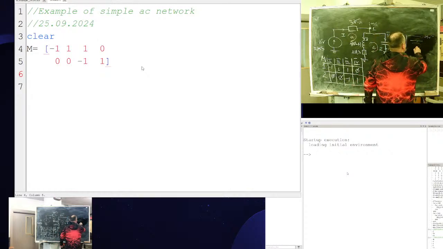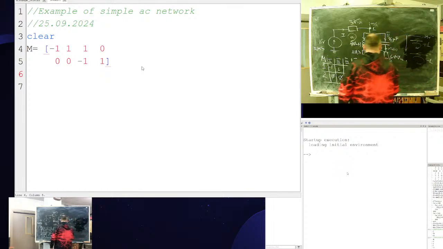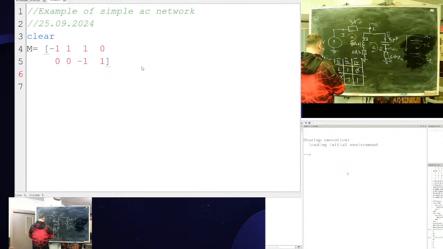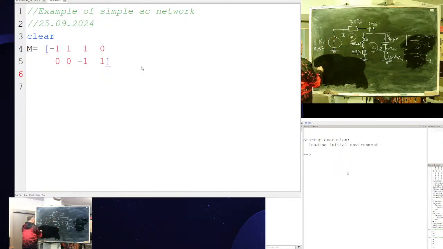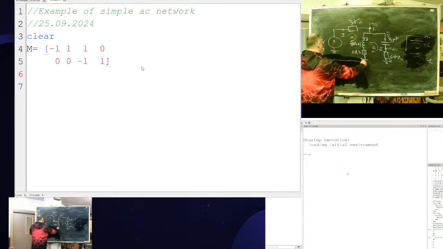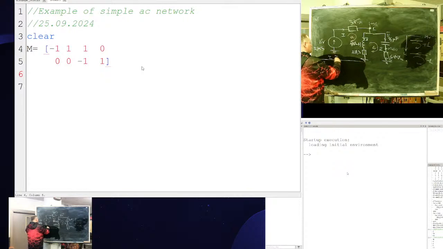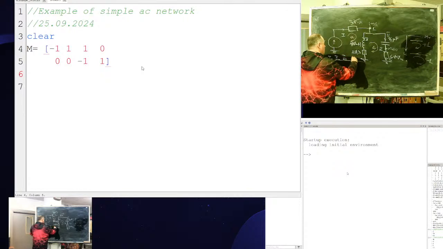If in one direction +1, if in the opposite direction -1. So, A, B, and branches 1, 2, 3, 4.